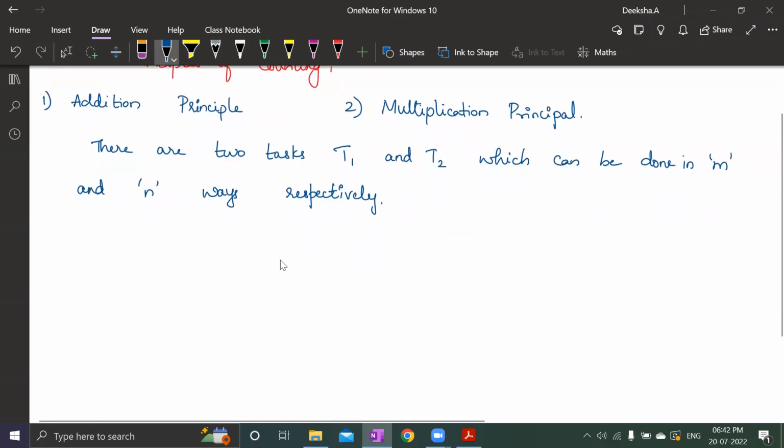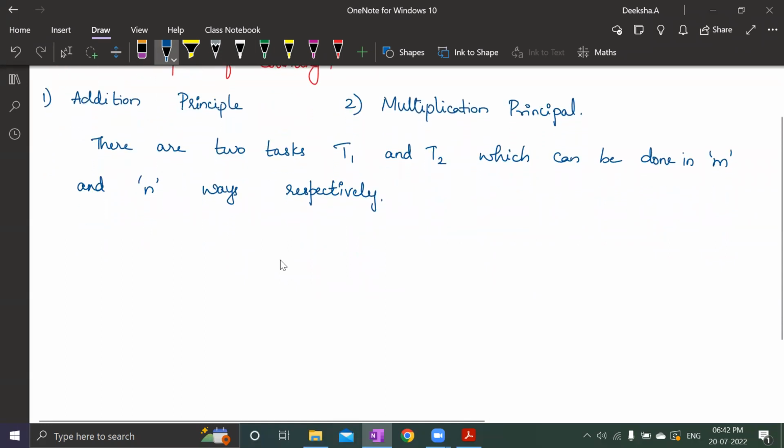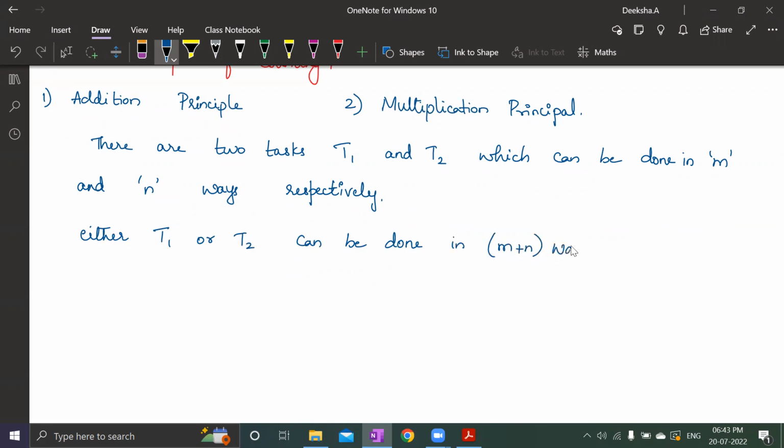If I have to do either T1 or T2, it can be done in m plus n ways. The number of ways of doing task T1 or T2 is m plus n ways.